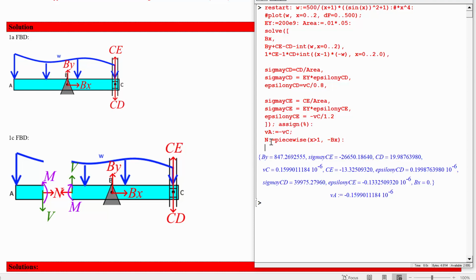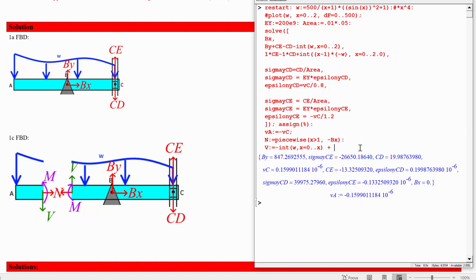Okay, next up, the shear force, V, is going to be equal to negative the integral of W from x is 0 to x. Because as we add up that W force down, the more W we have to counteract with V. V is going to end up being more and more negative to counter that.